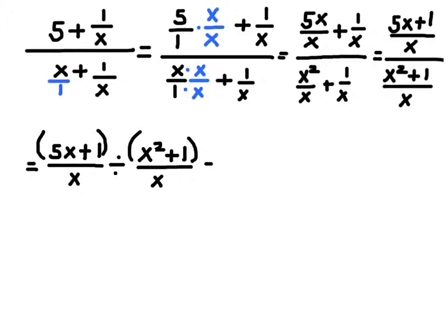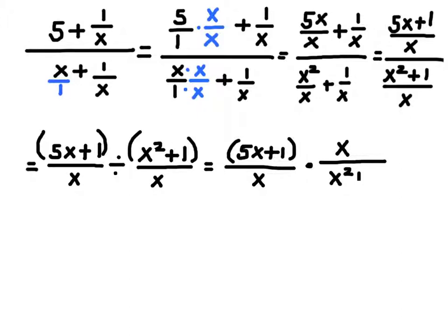And remember that division is multiplication by reciprocals. So this is 5x plus 1 all over x. And instead of dividing, we're going to multiply by the reciprocal, which puts an x on top and an x squared down on the bottom. That's our reciprocal or multiplicative inverse.